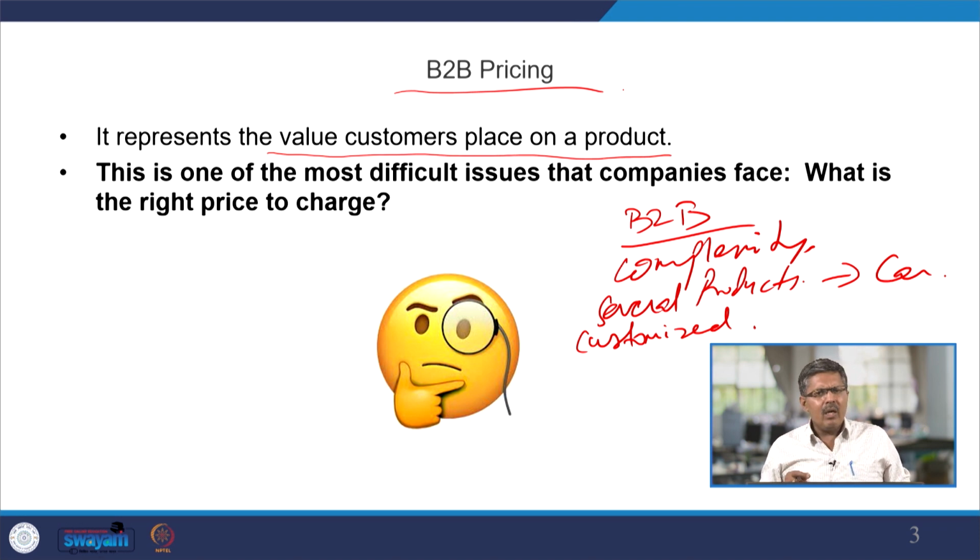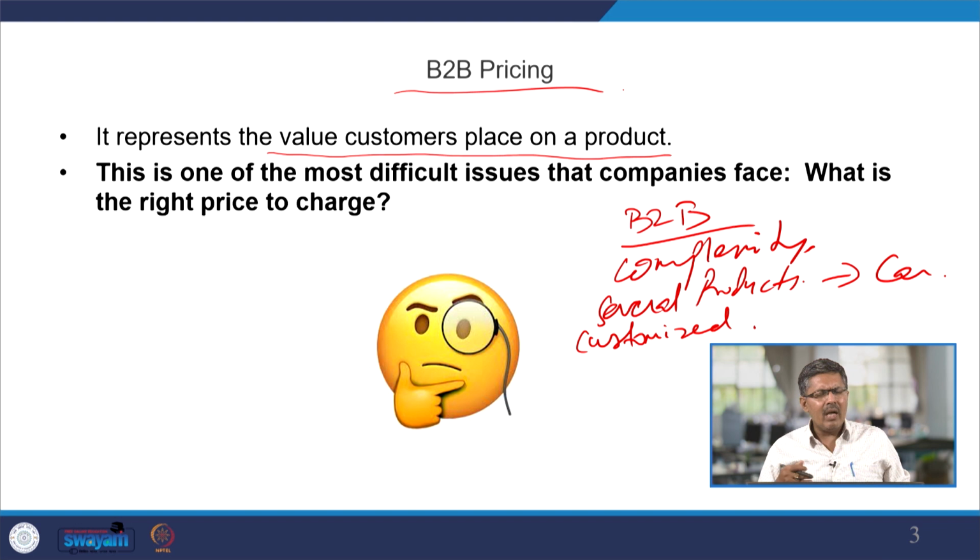So for B2B products, pricing becomes very important, very sensitive, very complicated. We do not know, right, because there are several products, as I said, complexity, several products. As several products are involved, making the pricing is a little bit of a challenge, okay. This is entirely different from a consumer product which is standardized in nature.